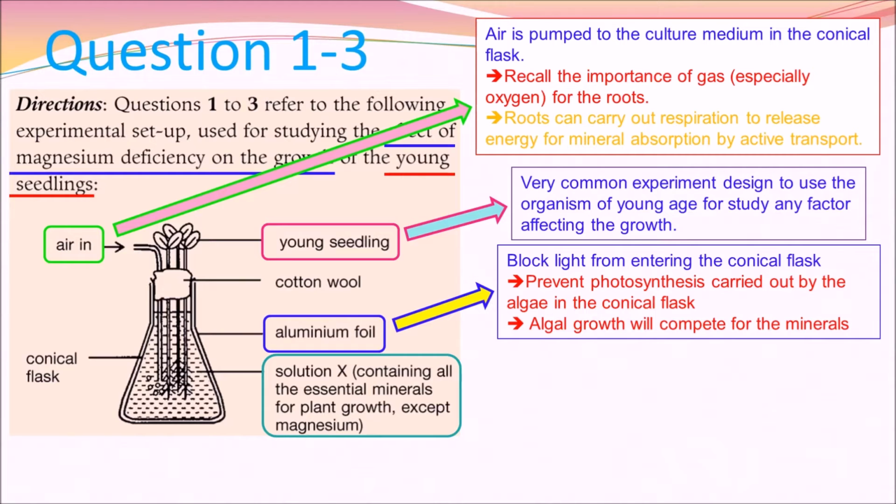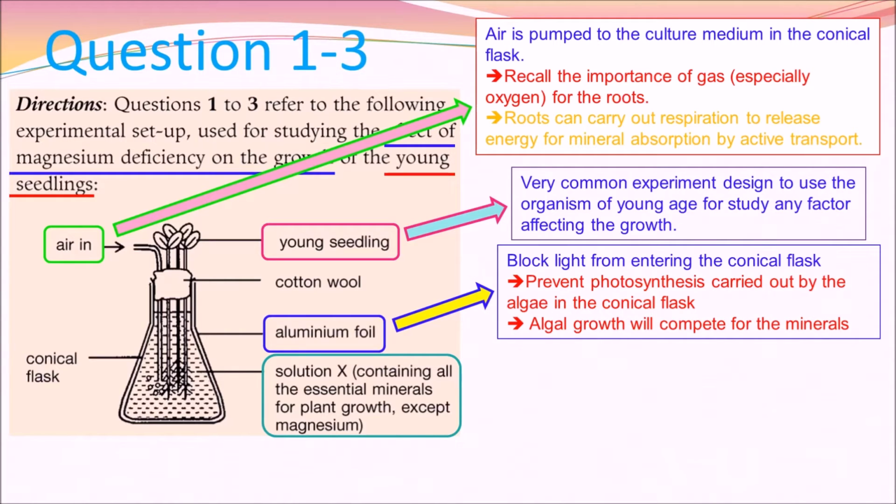Imagine if there are really some algae in solution X, and we do not cover the conical flask with the aluminum foil and just let them grow. The algae will compete for the minerals with the young seedling. So finally, the young seedling will not grow healthily, because the minerals it can absorb will be less than before.